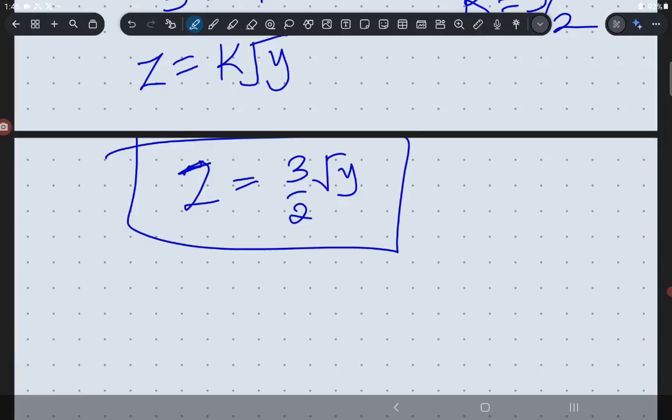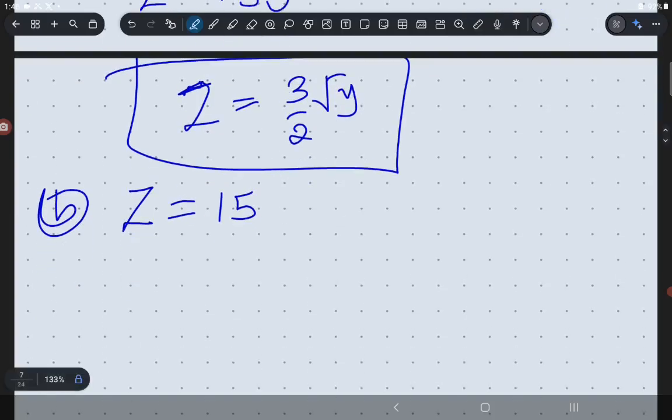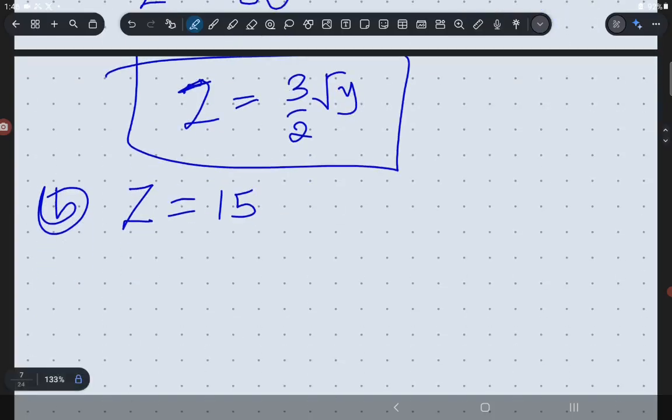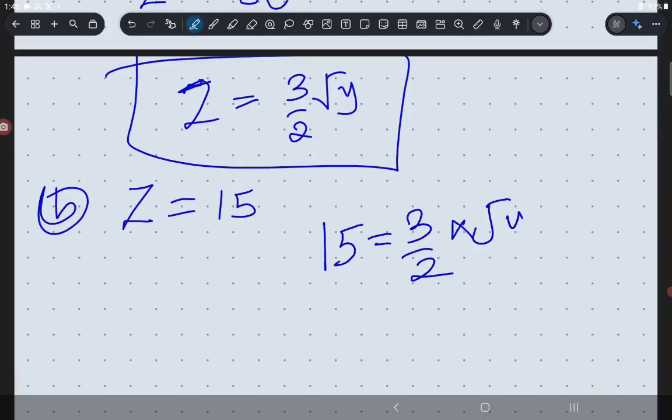Now, the B part of the question says to find the value of y when z is equal to 15. So let's input the value of 15. We have 15 is equal to 3 over 2 multiplied by root y.